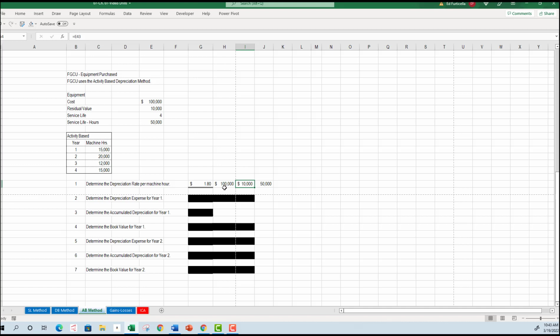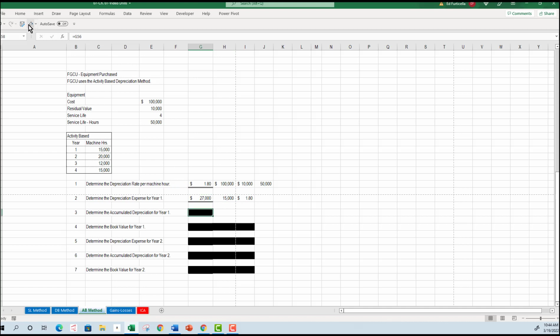You divide that $90,000 by 50,000 hours, and you get $1.80. Depreciation expense for year 1, then, is the machine hours used, 15,000 times $1.80, or $27,000.